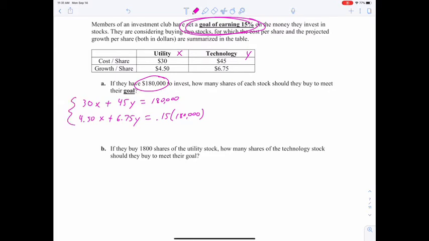All right, so we have our 2 equations, 2 variables. This one's a little bit of a pain, so I'm going to kind of just hand this one to you. We're going to eliminate x, so we're just going to multiply by the two coefficients. So we're going to multiply this guy by that and this guy by that. In other words, let me show you what I'm doing here.